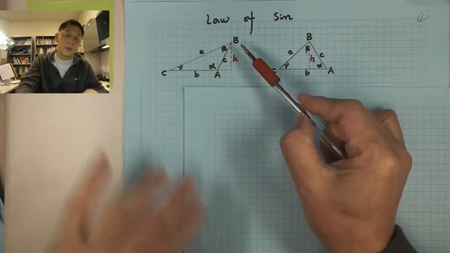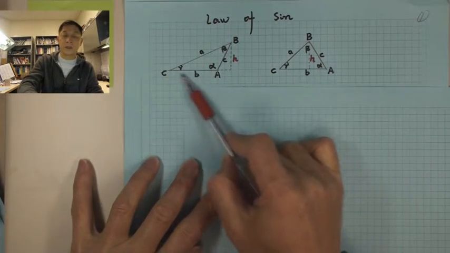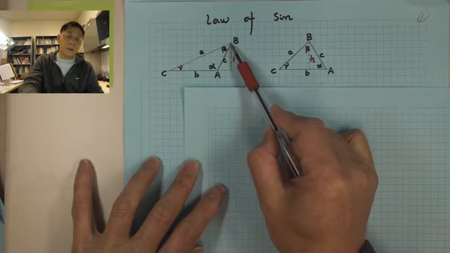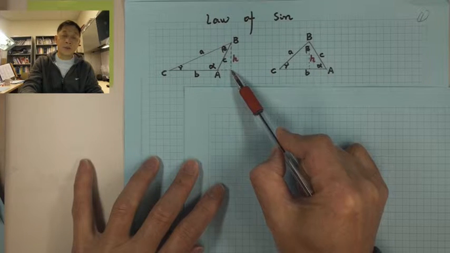If you look at H, you can look at H in two ways. One is to look at this triangle, B, C, and this vertex. That's a right triangle.